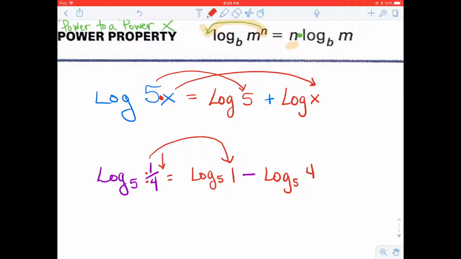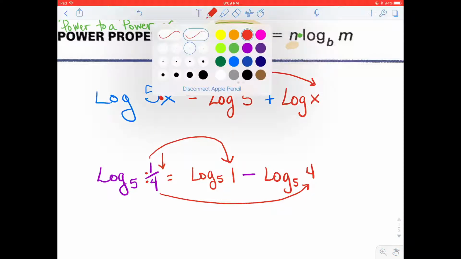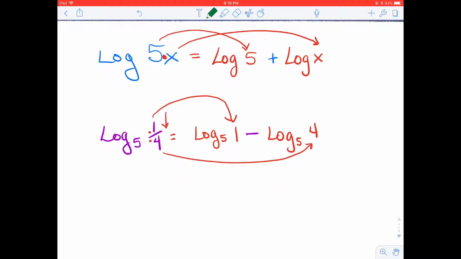All right, let's look at a power property. I'm just going to bring my arrow in a little more so it doesn't take up as much room. Here we go. We're going to do log. We use the common log, so just plain old log, x to the third.